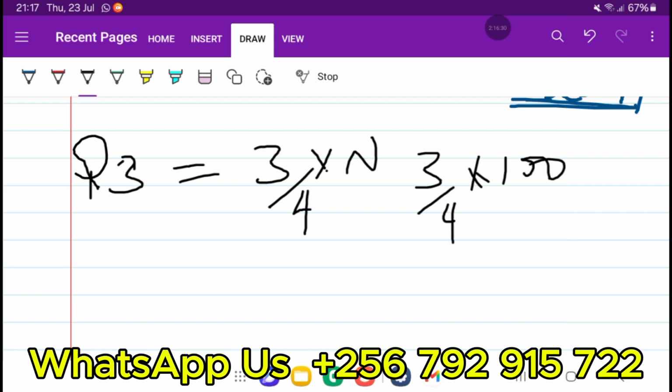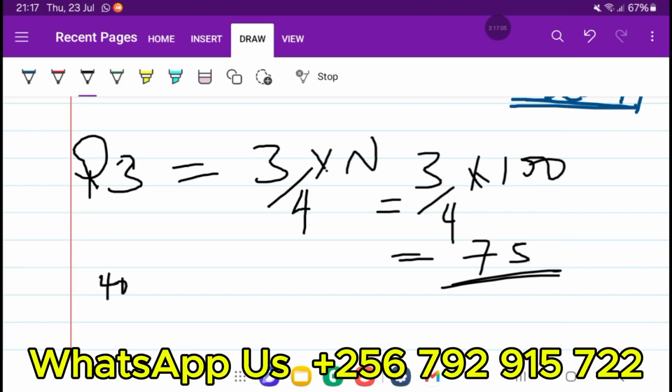So this will give you the 75th position. So we look into the cumulative frequency to get the class. We don't have 75, but we have 80. So we pick the class that has that 80, which is 40 to 44.